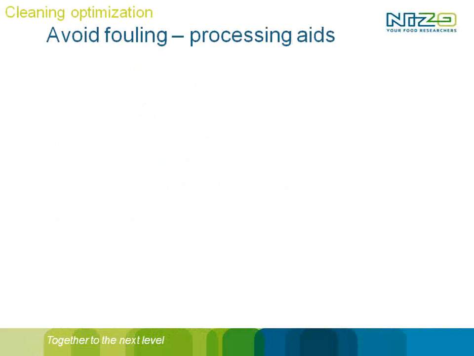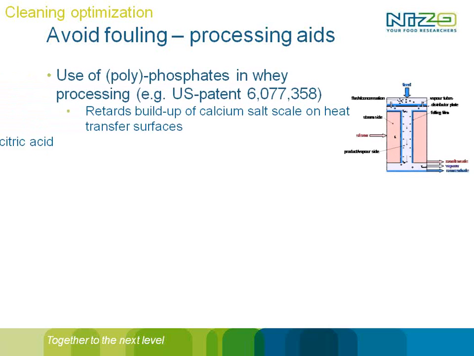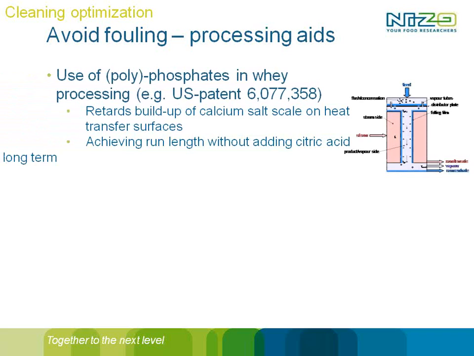Well, start with the processing aids, so the product properties. Something which is used more often in the dairy industry is the use of polyphosphates. If you talk about, for example, evaporators, they suffer from a lot of mineral fouling. This mineral fouling is actually calcium salts, calcium phosphate, calcium citrate, which is deposited on the inside of your evaporator tubes.